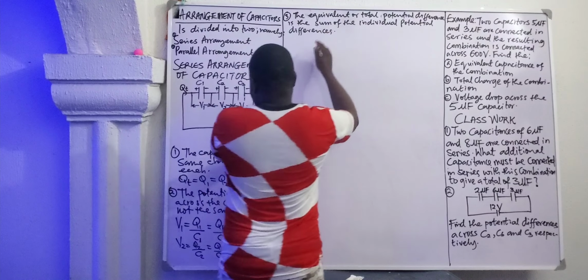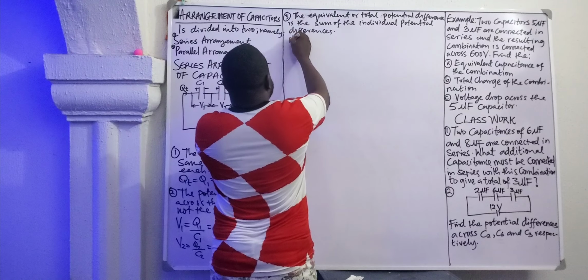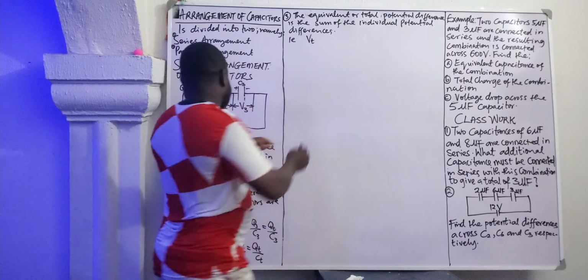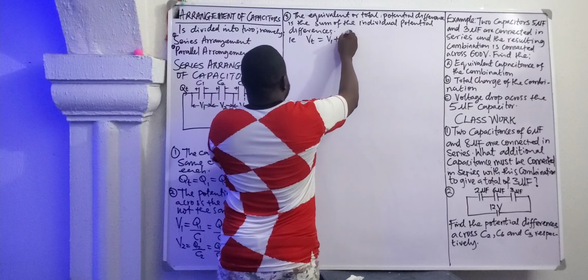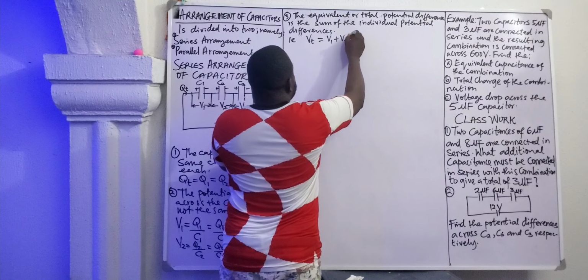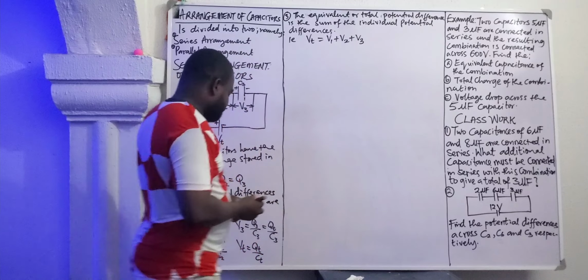Now, I translate that into maths. It means that the total voltage Vt is equal to the individual voltages V1 plus V2 plus V3.